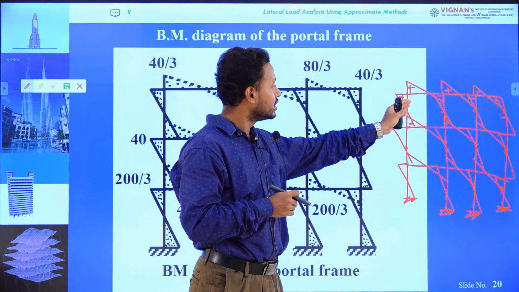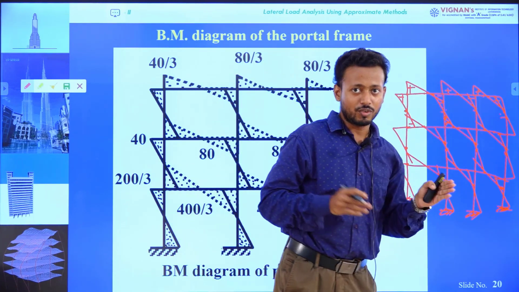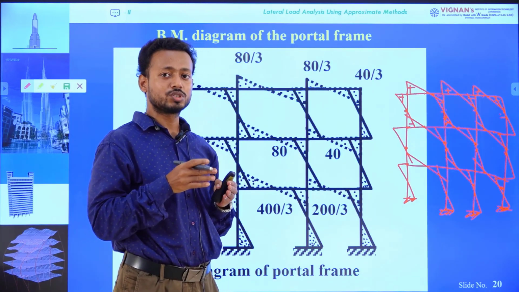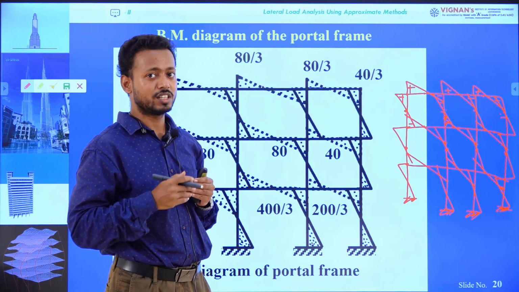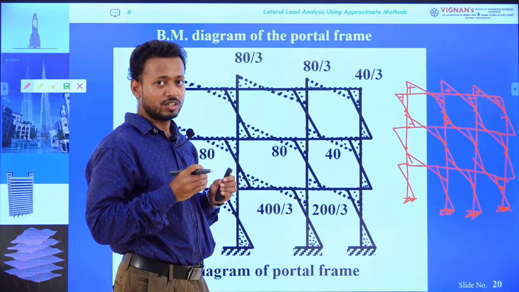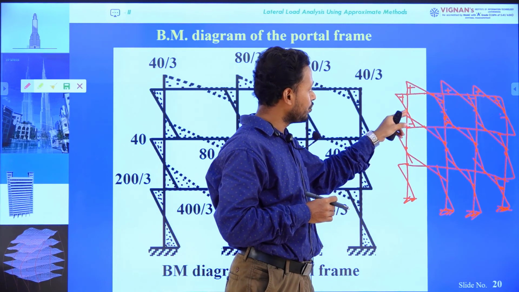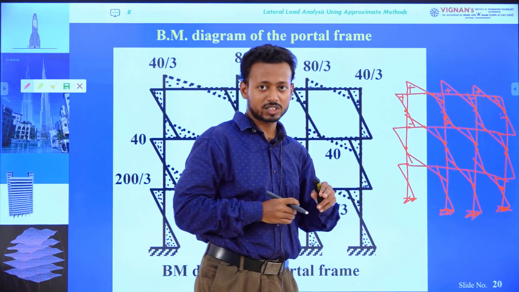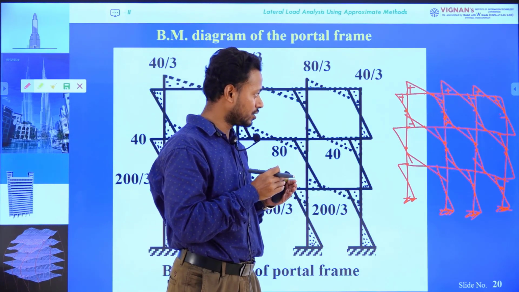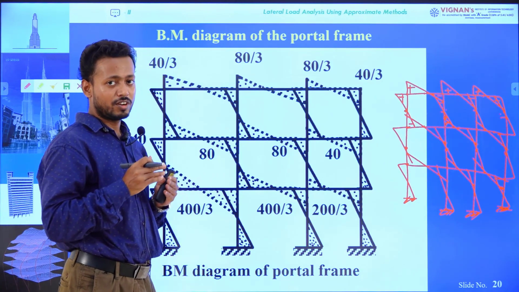As we are assuming this point of counterflexure occurs at the midpoint for all the members, the bending moment and shear force we calculate are approximate but not exact. For approximate calculation we can assume the point of counterflexure may occur at the center point of the members. For approximate calculation of shear force and bending moment, we can adopt the portal method and cantilever method.